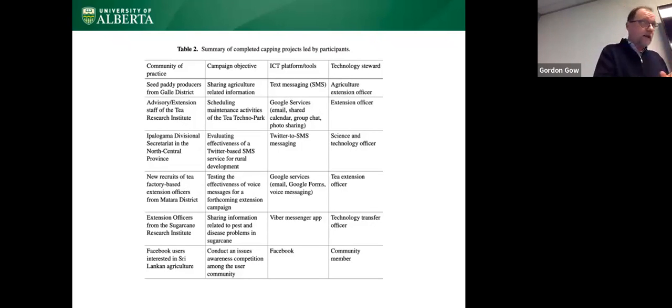We had one individual who did a whole campaign. His name's Pradeep, and he's sort of the poster person, the tech steward, right? He got it, he understood it, he was motivated. And we're still working with Pradeep. He's helping us in the second phase, providing lots of feedback on the material we're developing.